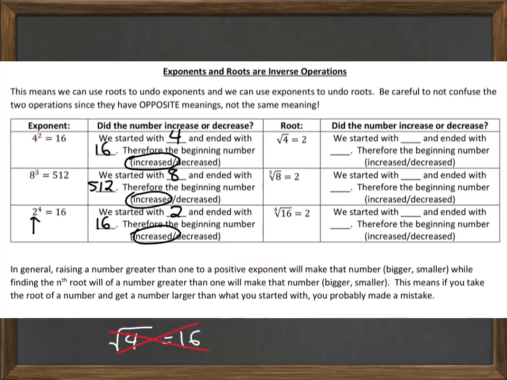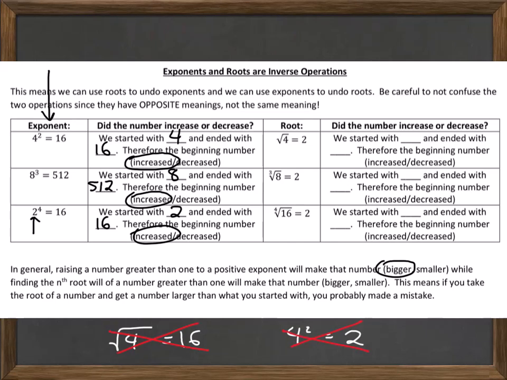So an easy, fast way to check yourself is that if you're using exponents in this course, and you have a base larger than 1 and a positive exponent, you should get a larger number than what you started with. If you, for example, were doing 4 squared and then you got 2, right, you got a number that's smaller than what you started with, you probably did something wrong, okay?